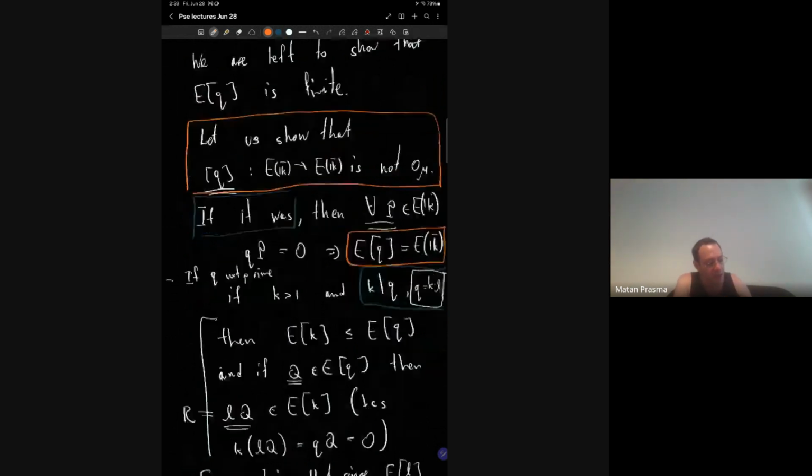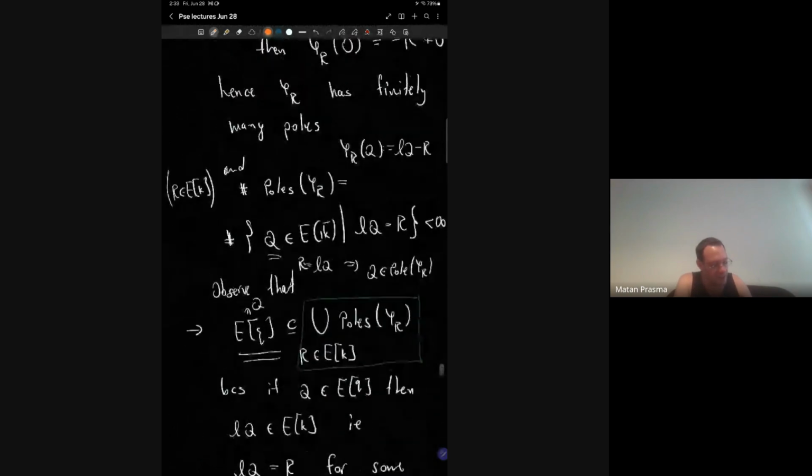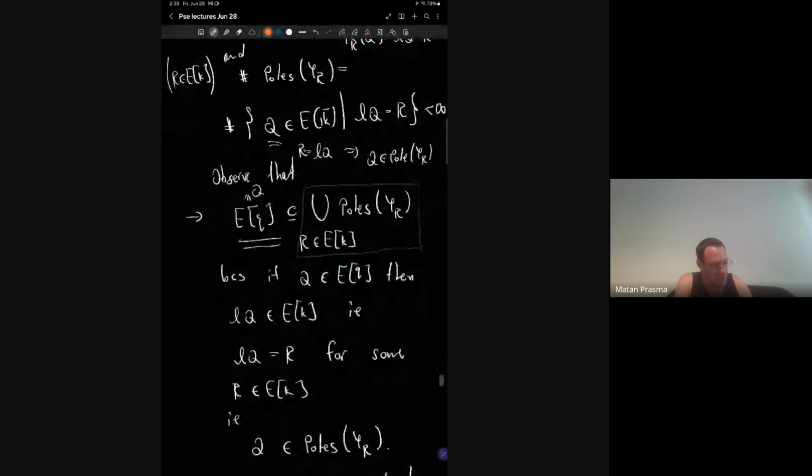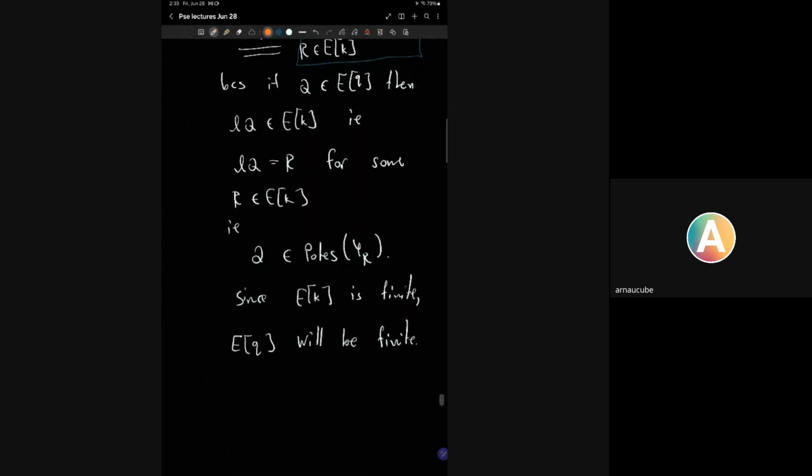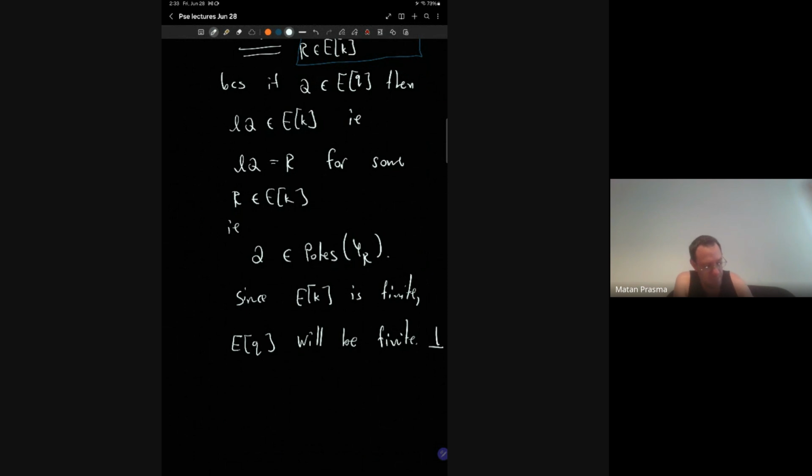But on the other hand, I get that EQ is contained in a union of finite sets, so it's finite. So this is a contradiction. So all this procedure was to show that the assumption led to a contradiction. Okay, thanks. At the end of this, I should say a contradiction.